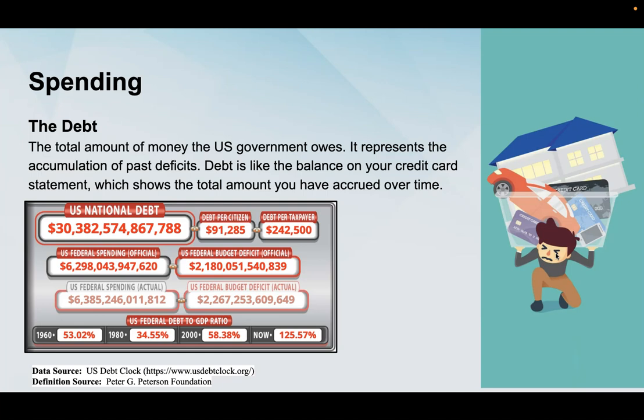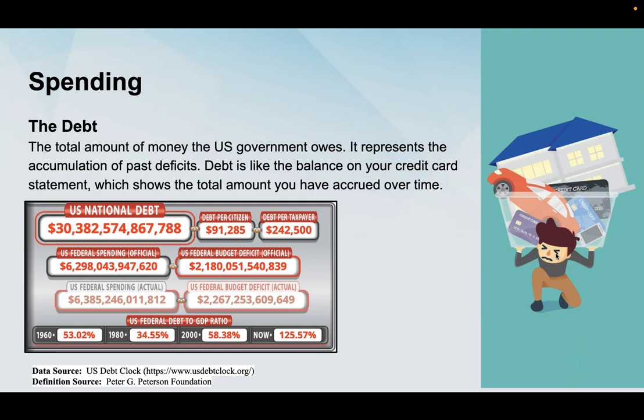It's really hard to put that number into perspective. But I believe it's something like, if you had 30 trillion seconds, you'd be going back in time about 960,000 years. So just kind of visualizing how much money that is. It's a tremendous amount of money. So the debt is this total accumulation of money that the US government owes.